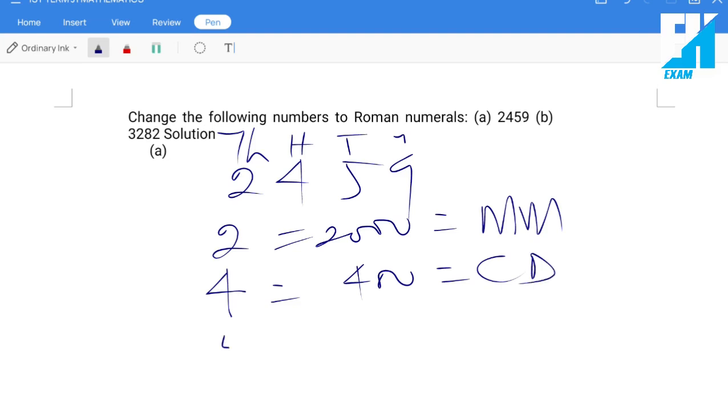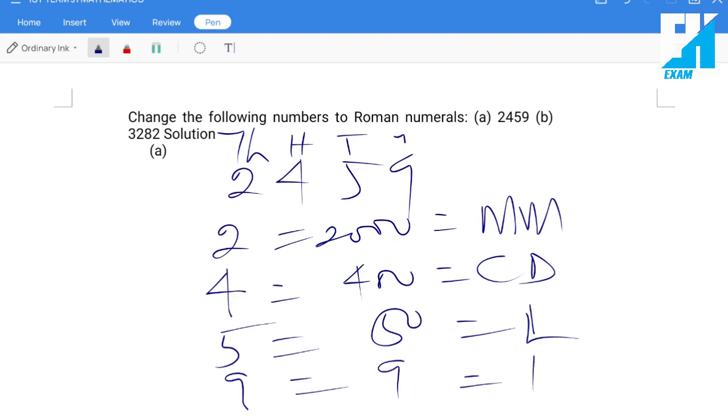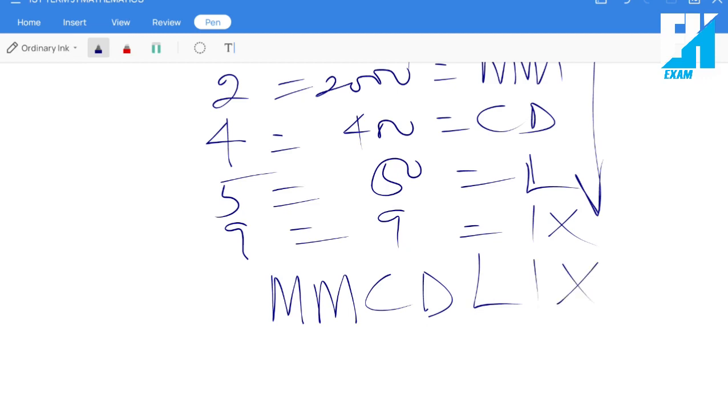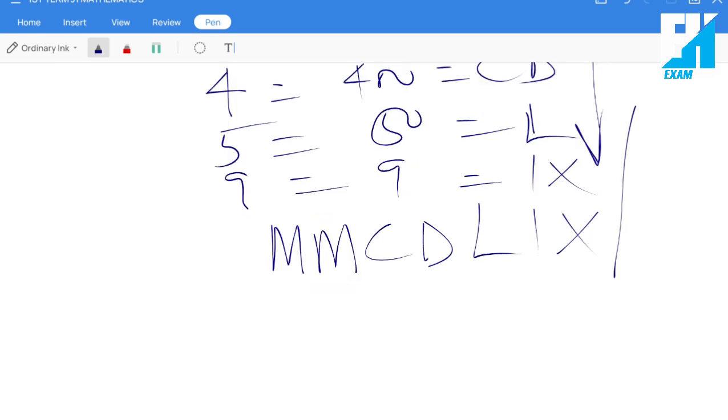And then 5 there, which is tens, 50 is L. And your 9 is IX. Join it together. Then the final answer will be MCDLIX. That gives you 2,400 and 59.